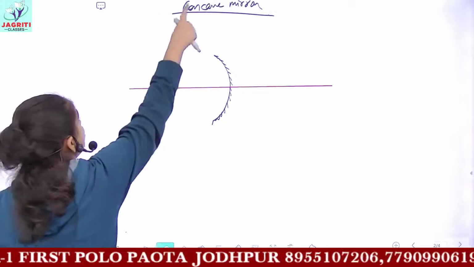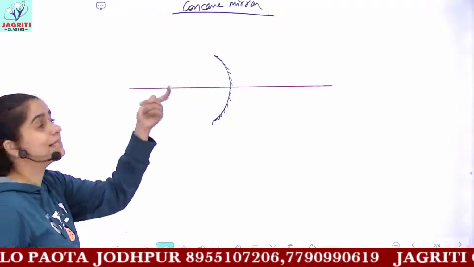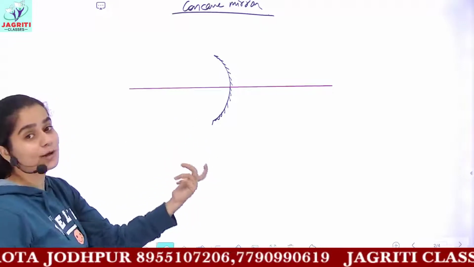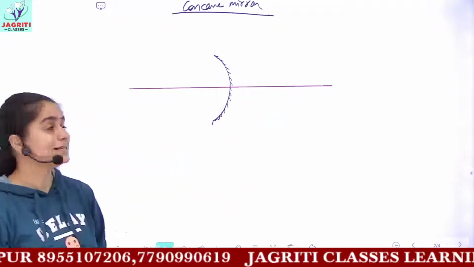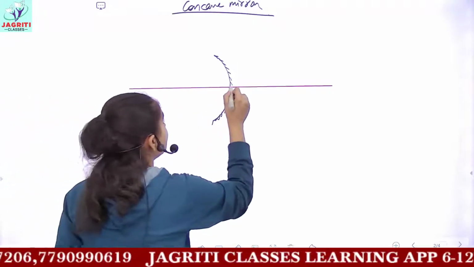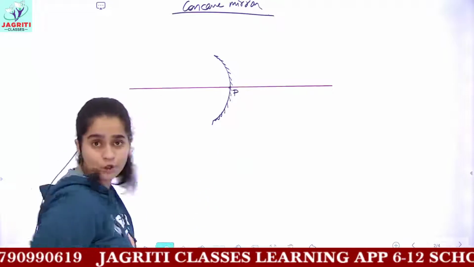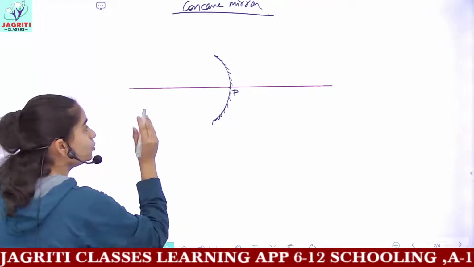So you have to draw the mirror. We have drawn the concave mirror because firstly we are discussing all the ray diagrams related to the concave mirror. Then always draw a straight line passing through the approximate center of the mirror, and label this point as the pole of the mirror. Next, you have to place the object.